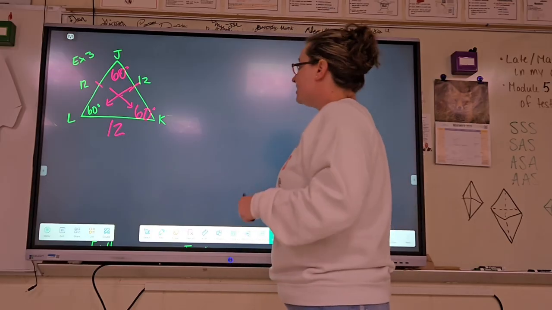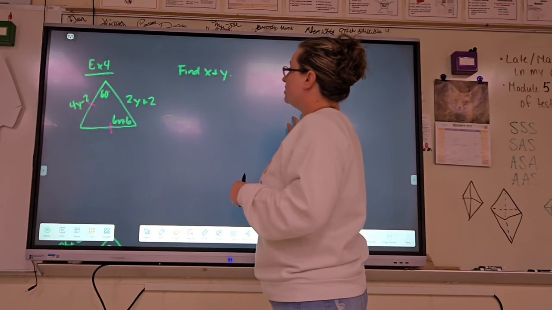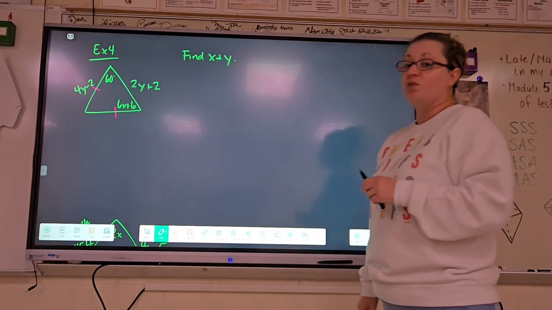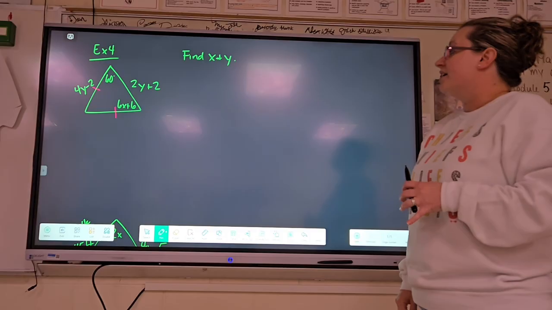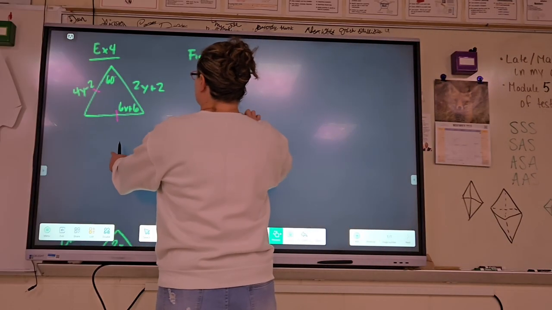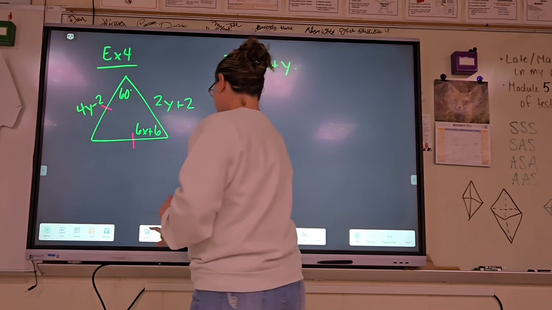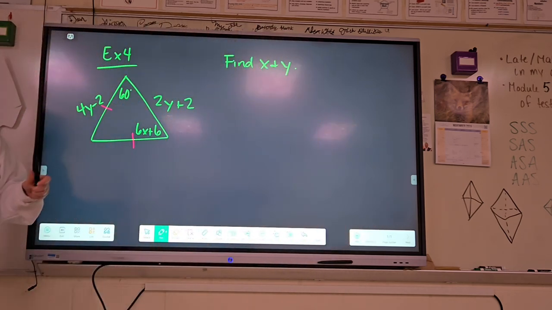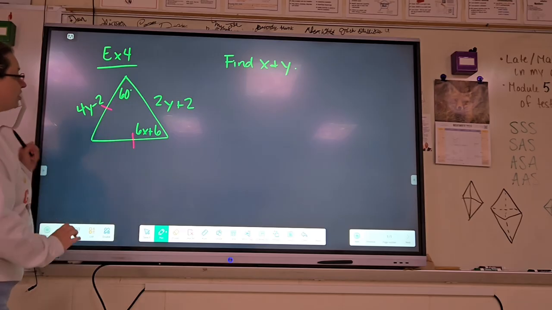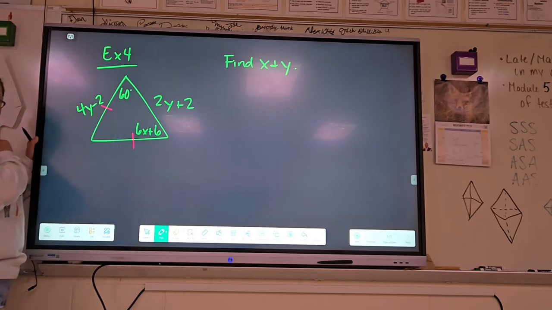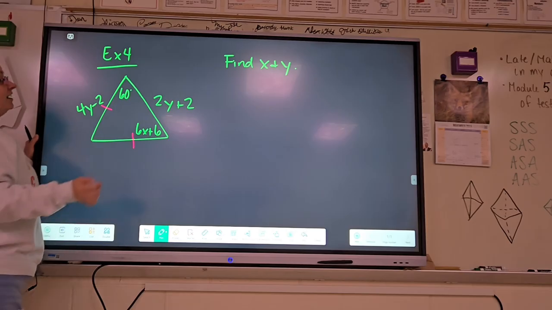When we take these concepts and move on where we actually get to put a little bit of algebra in it, that's where you end up with the problems like example 4. So on example 4, I want you to think about how you can reason this out to then go on and find x and y. And it's kind of hard to see on some of these pictures what parts are equal to each other, but they do have the little marks on these two sides to show that those are congruent. So look at what we've got.